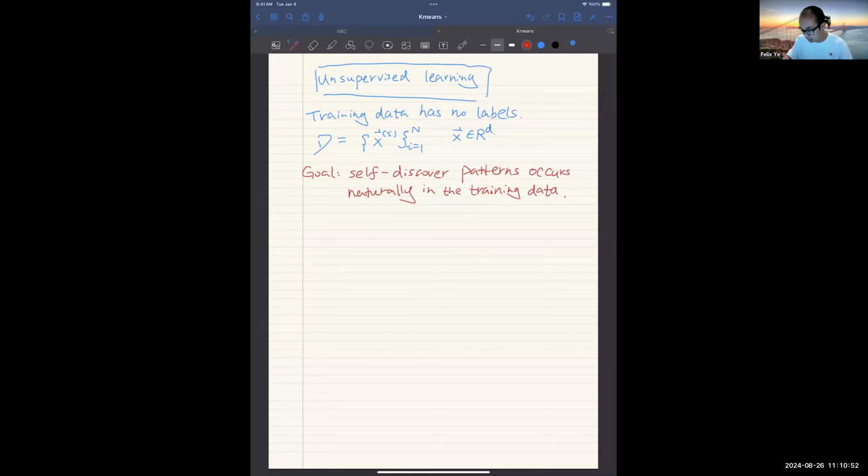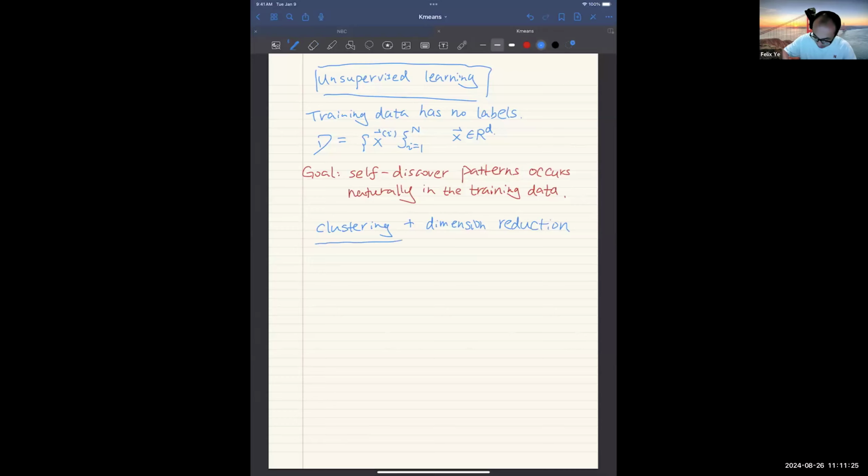So this training data is basically our input. There are two major topics that will be covered: one is clustering, and one is dimension reduction.